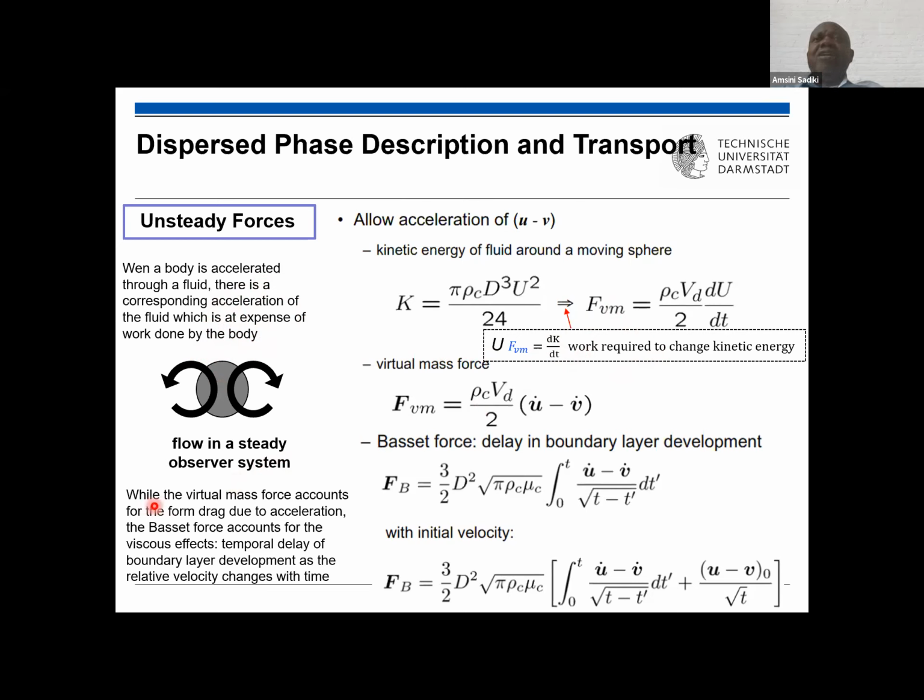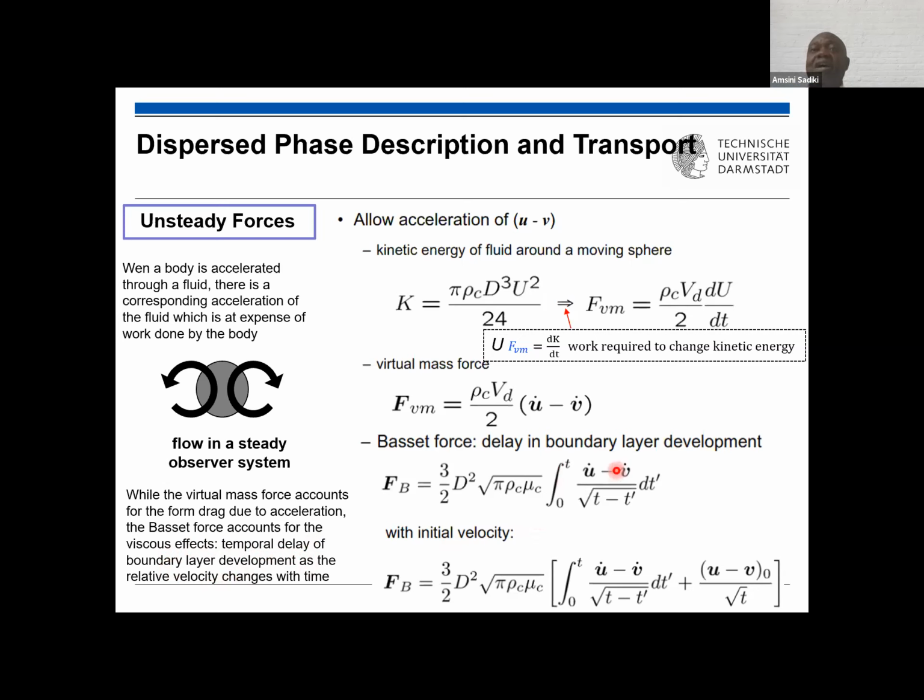And we say this virtual mass accounts for the form drag due to this acceleration, but the Bassett force accounts for the viscous effect, which introduces a temporal delay of the boundary layer development as the relative velocity changes with time.